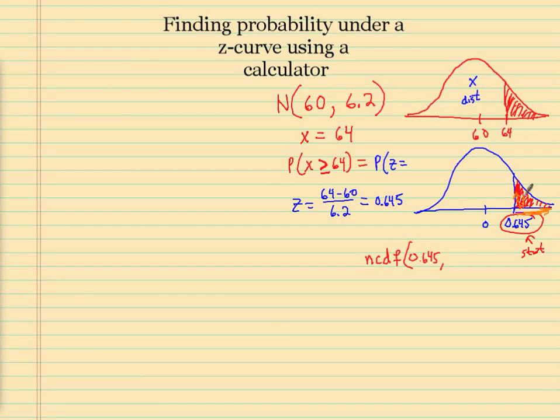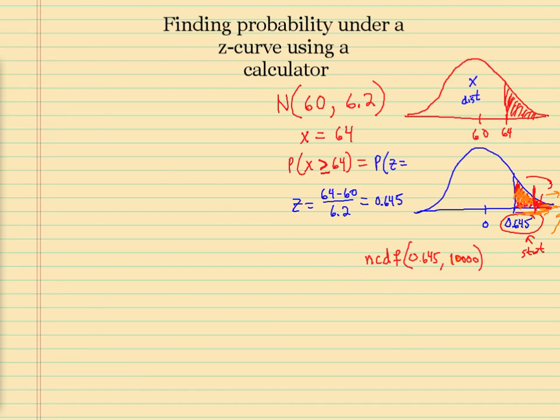It's taking all these values and finding what the area is. It's going to keep going and going. Eventually you want to pick something really, really far, a really big z-score. So we'll say 1,000. You just have to make sure you pick far enough away, because if you picked a number here you would lose this part. So you want to make sure you pick really, really far away.